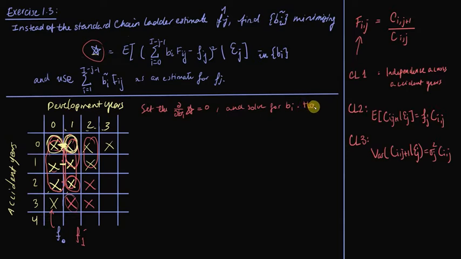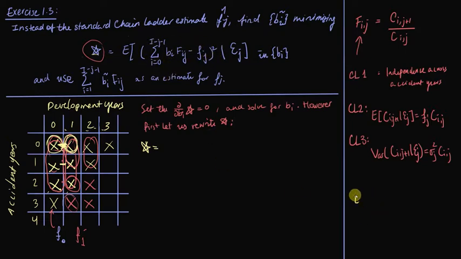However, first, let's rewrite the star expression a tiny bit so that it is a bit easier to work with. You see that the star expression is in fact a conditional expectation of something squared.